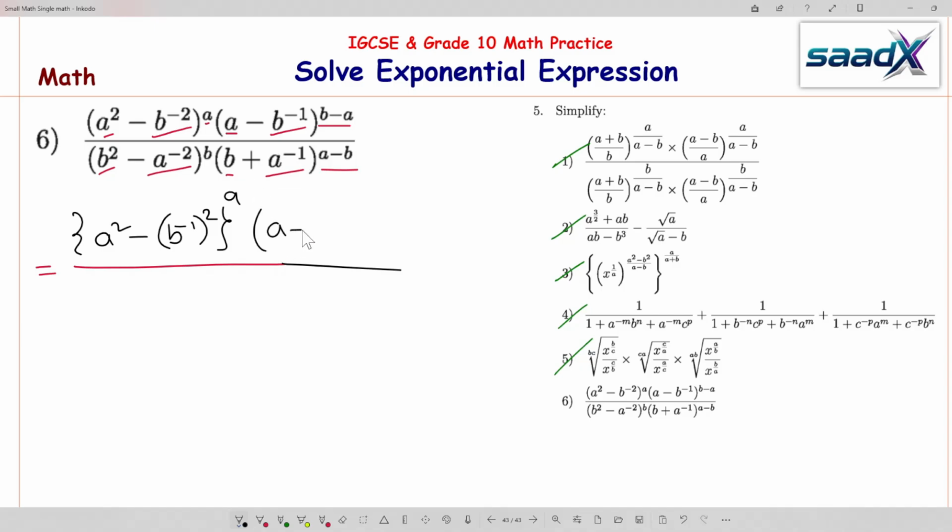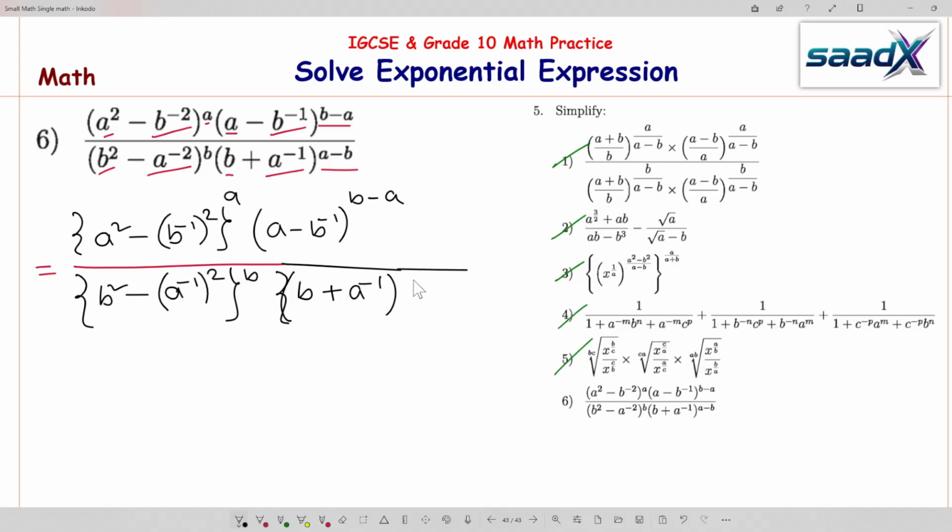It means (a − b⁻¹)^(b−a). Similarly, here b² minus a to the power minus 2, we can write as (b − a⁻¹) squared, to the power b, and the next one is similar. It means (b + a⁻¹)^(a−b) will be unchanged.